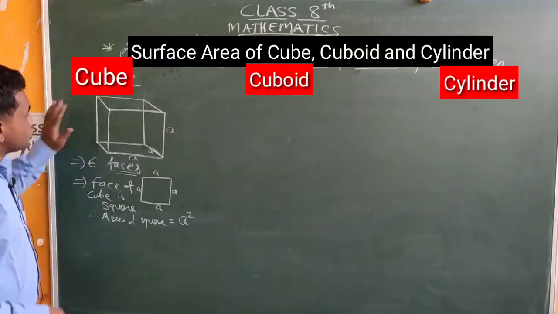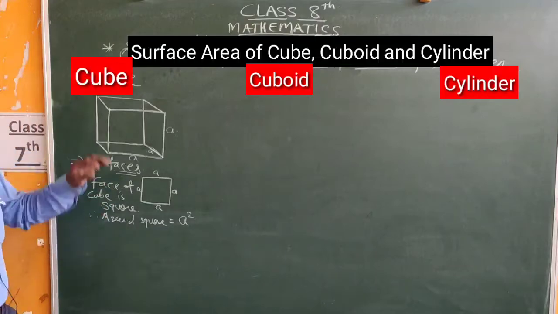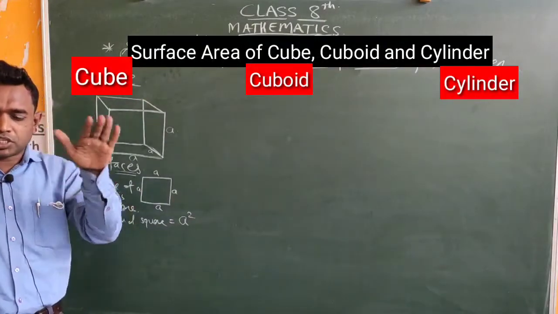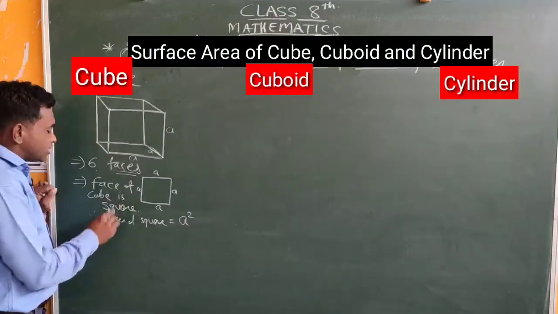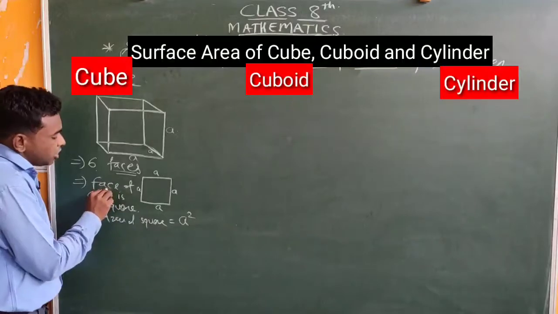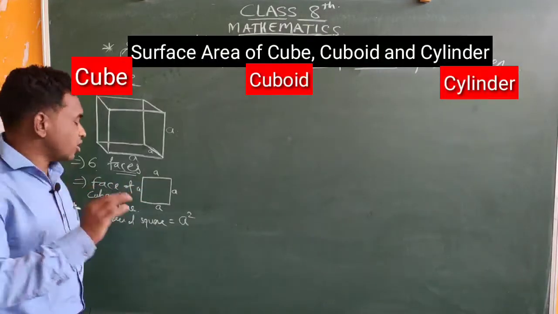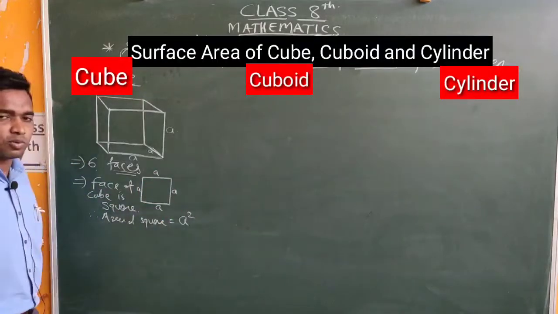Now here is the cube. The cube has 6 faces. We are going to find the total surface area of a cube. Consider one face; if we draw it, it is a square, with all sides equal in length. Consider the length of the side to be a.